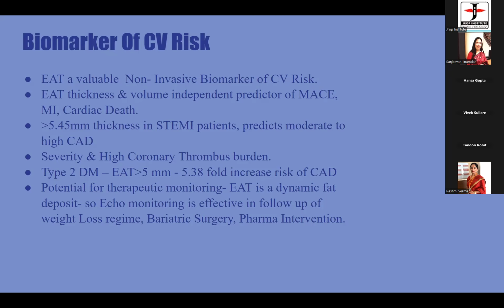As it is a dynamic fat deposit, it will keep increasing and decreasing. So is there a response to what is being done? It is a very good tool and has a lot of promise in following up patients. Go ahead, Rashmi.